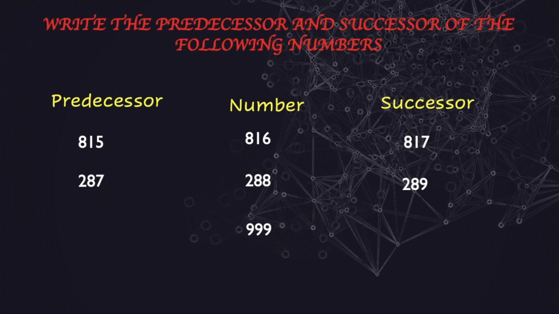So the predecessor of 999 is 998. The successor of 999 is 1000. 1000 is the smallest four-digit number. So here we have seen predecessor and successor. Predecessor means before number, successor means after number.